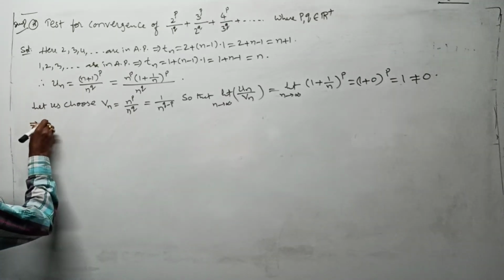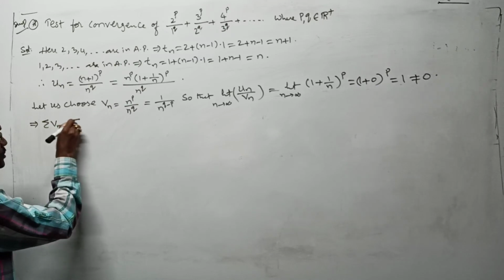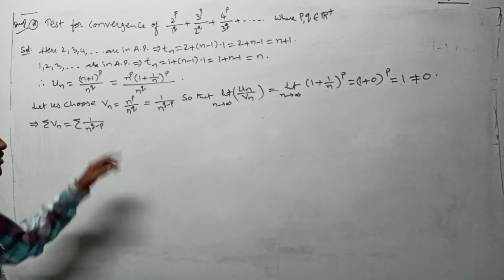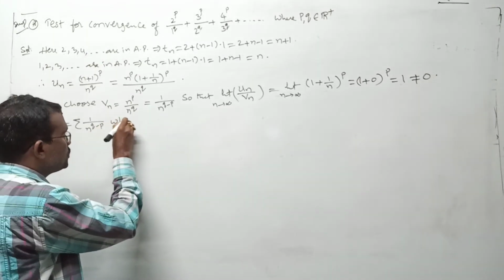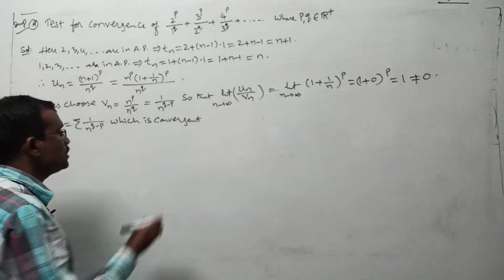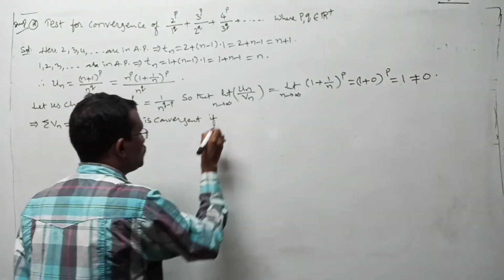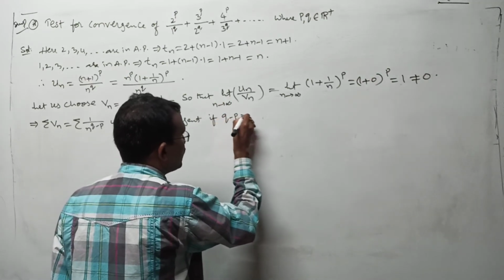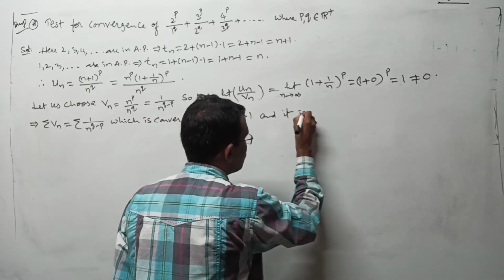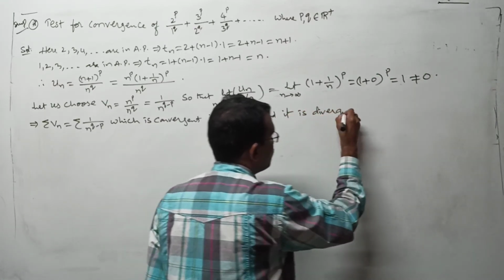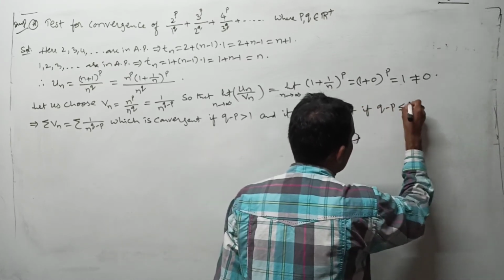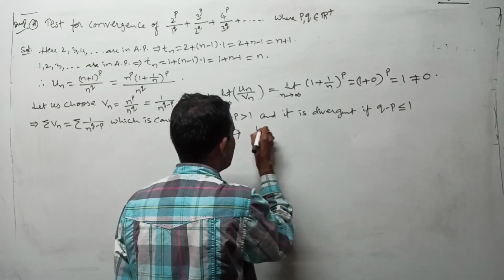Now let us go through the nature of sigma vn. It is sigma 1 by n to the power of q minus p. This is in the n power p form, which is convergent according to the p test if q minus p is greater than 1 and it is divergent if q minus p is less than or equal to 1 by p test.